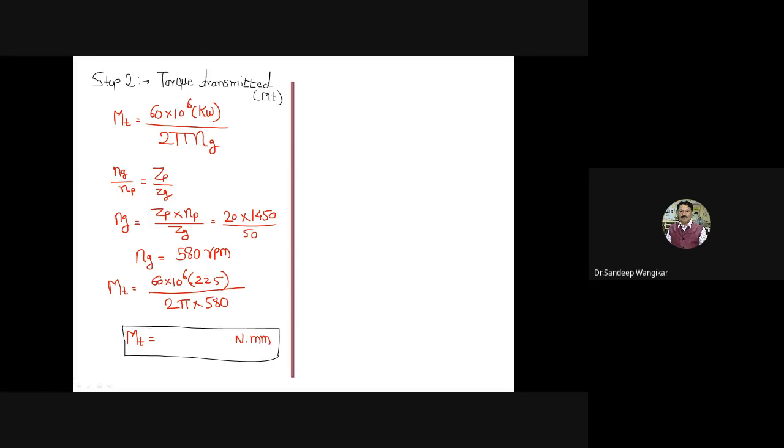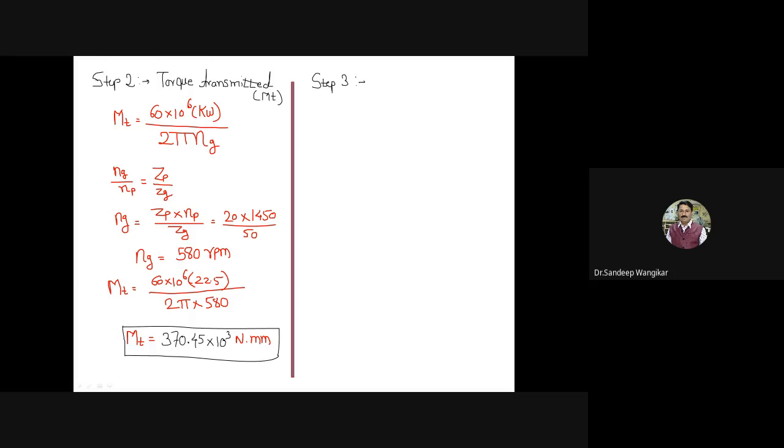So I will say here MT value as 370.45 into 10 raised to 3 Newton millimeter.